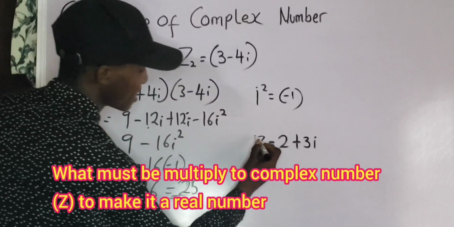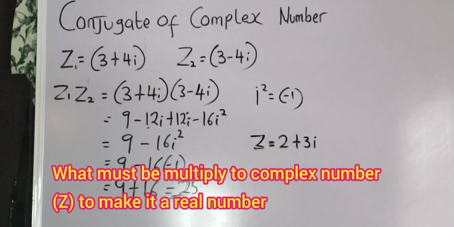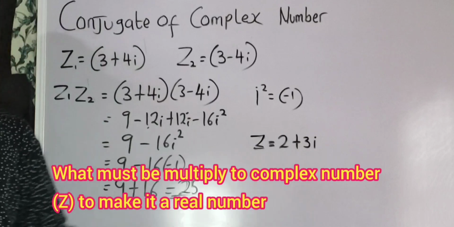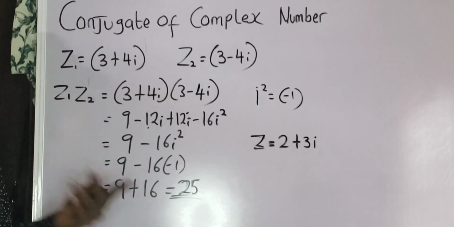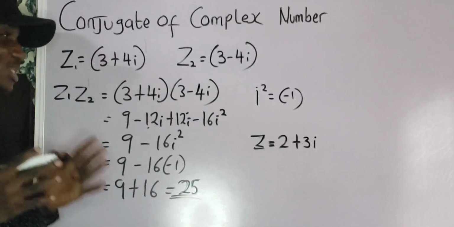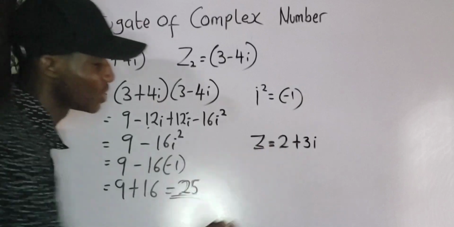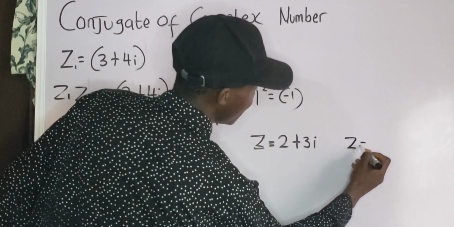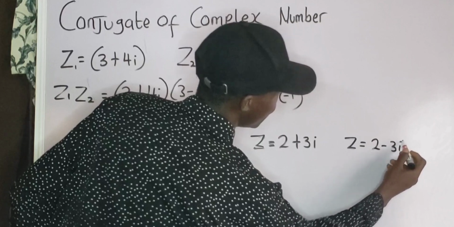What must we multiply to z such that we get a real number? We are going to multiply z by its conjugate. The conjugate of z is 2 minus 3i. You understand?